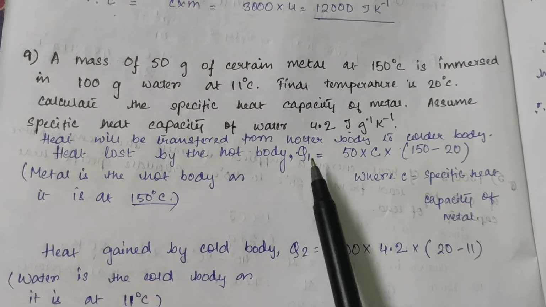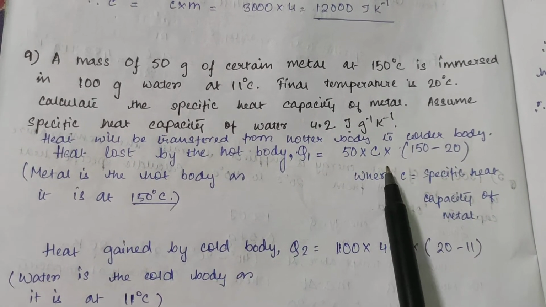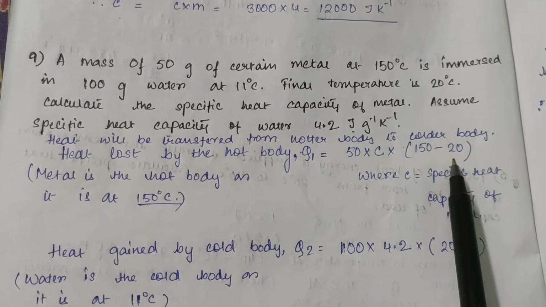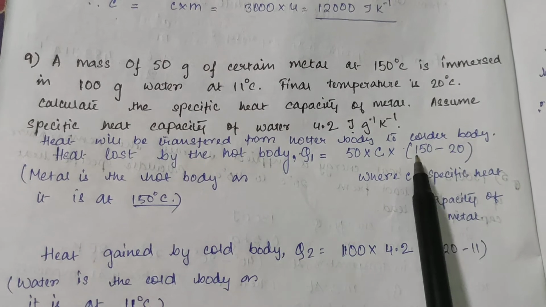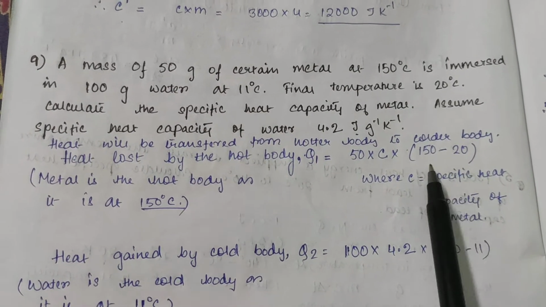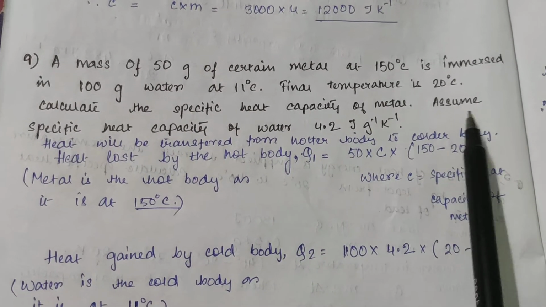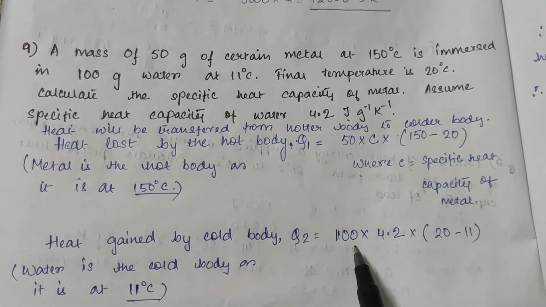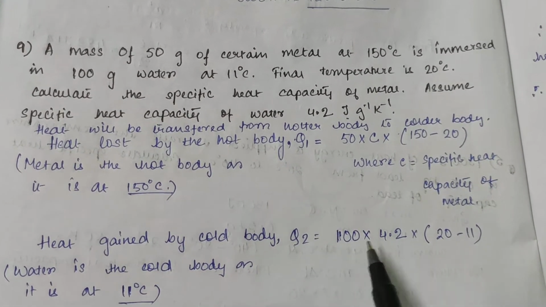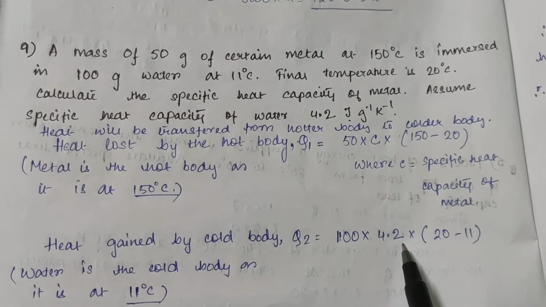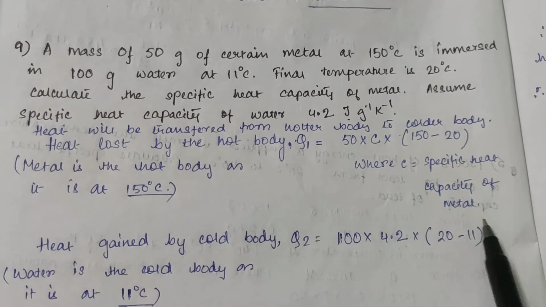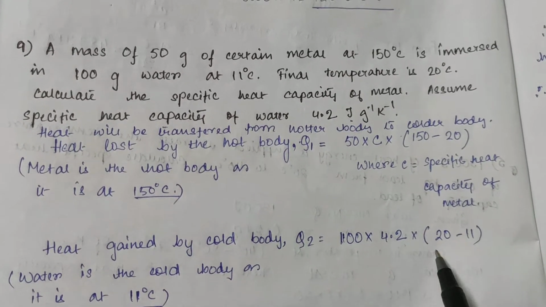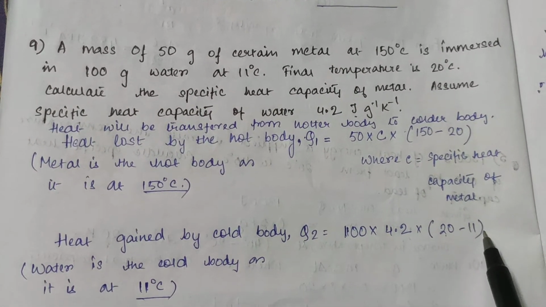So heat lost by the hot body is 50 into C, that is MC delta T. Delta T is the fall in temperature, so that's why initial minus final, 150 minus 20. Final temperature is given to us. And heat gained by the cold body will be M2 C2 delta T. That means rise in temperature, delta T, therefore final minus initial.